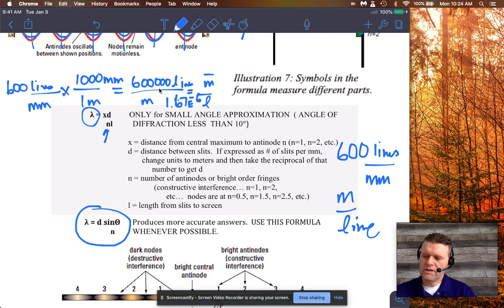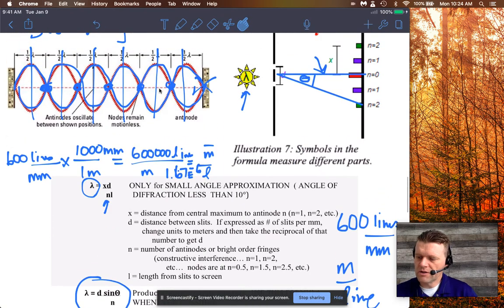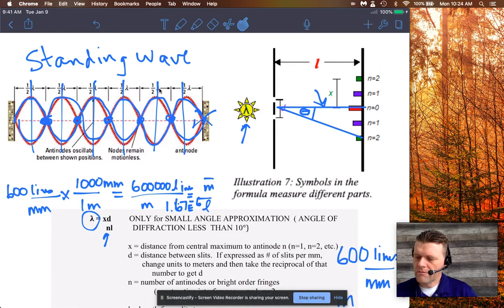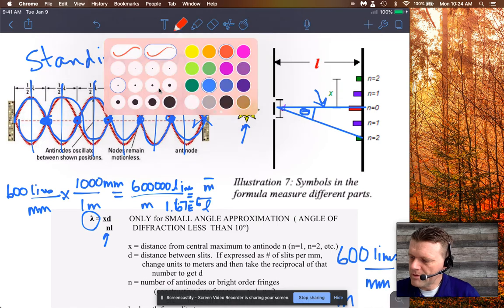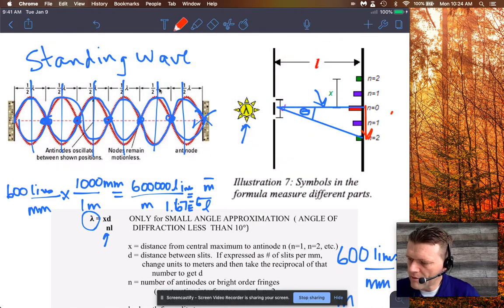This one takes the comparison of x over L. If you look at this example, x would be this distance right here, the distance from the central maximum to the antinode we're analyzing, and this distance here would be equal to L.